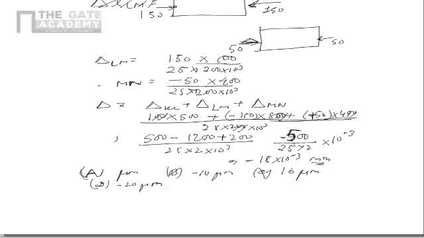So that becomes minus 500 into 10 to the power minus 3 upon 25 into 2, is 50, so that becomes minus 10, so that becomes minus 10 micrometer. So the answer is option B. I'm sorry for the goof up. So please keep in mind that you have to draw the correct free body diagram. You shouldn't make such kind of mistakes.